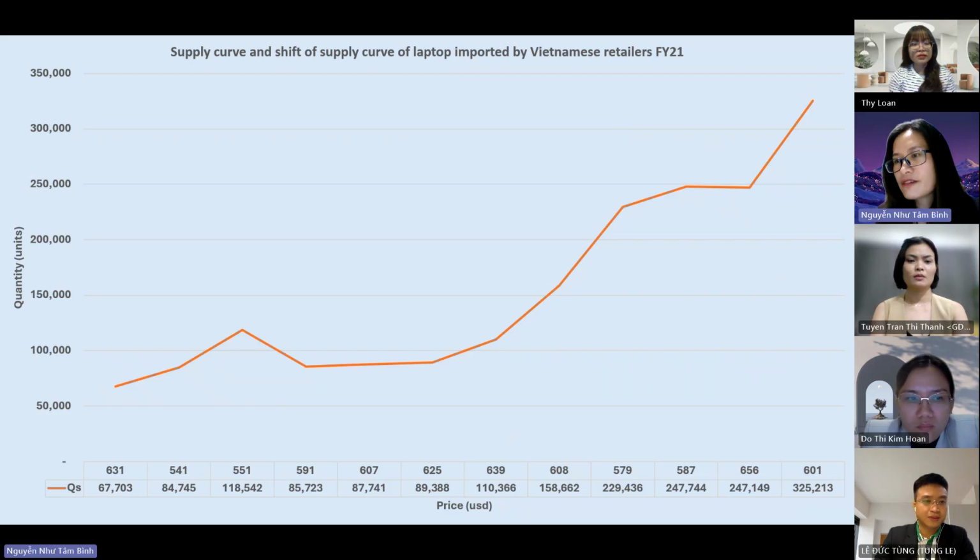But for the rest of the year, most of the time, the price and the supply had a negative relationship. It means even if the price increased, the supply decreased, and vice versa: the price decreased, but the supply increased.